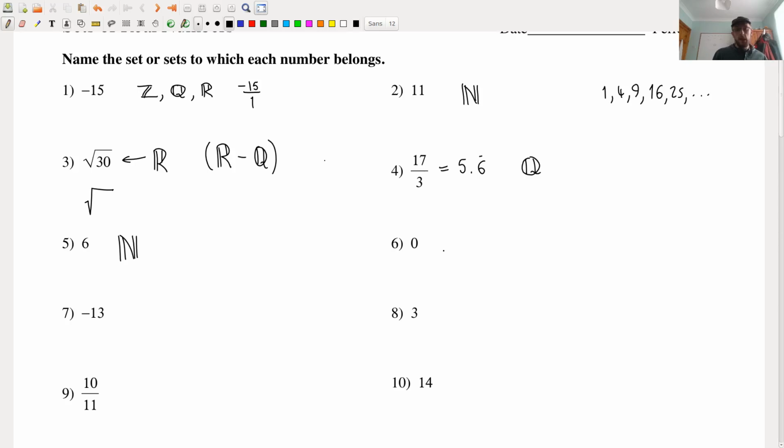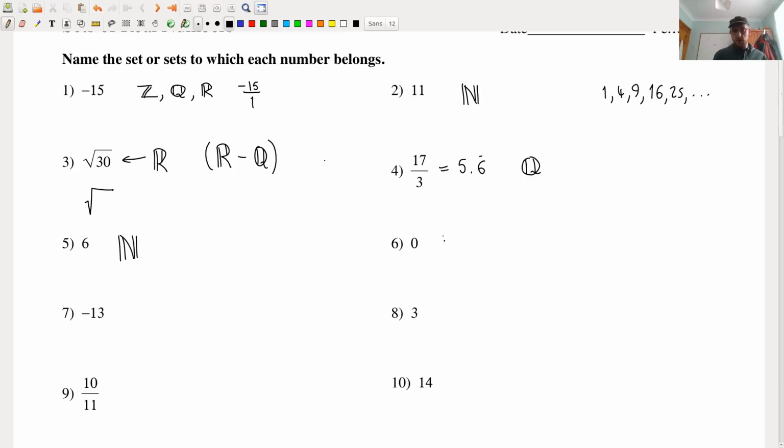Well, you may object and you may say, but I've read in my book that 0 is actually included in the natural numbers. It's very unfortunate, but this is a point of dispute or a point of convention differences. You have to know what conventions, what traditional way of doing things there are in the place that you're working at.